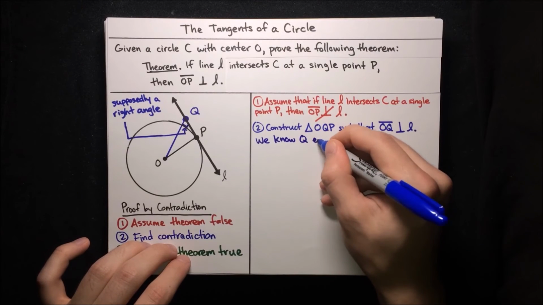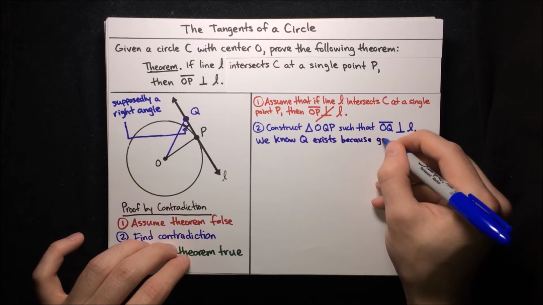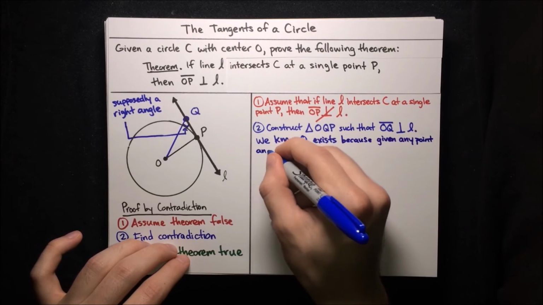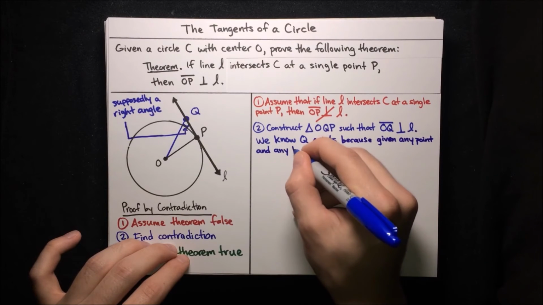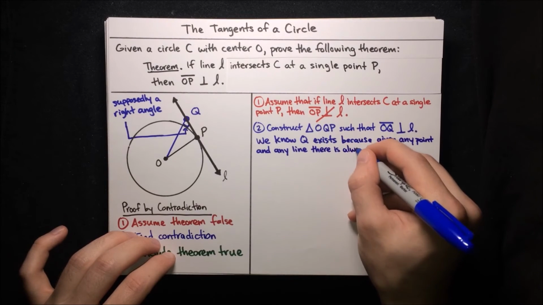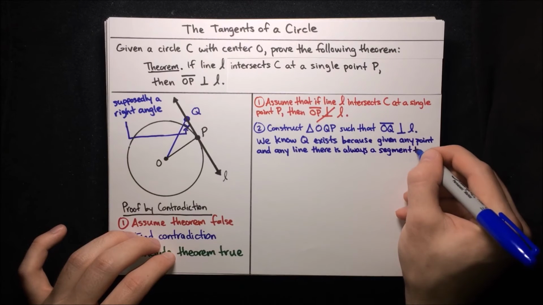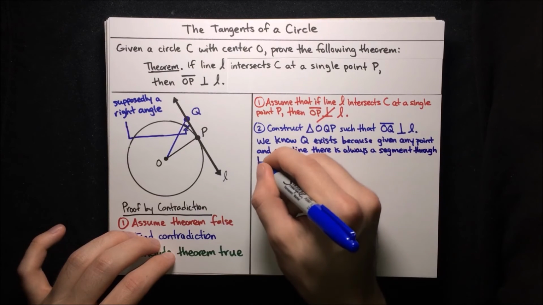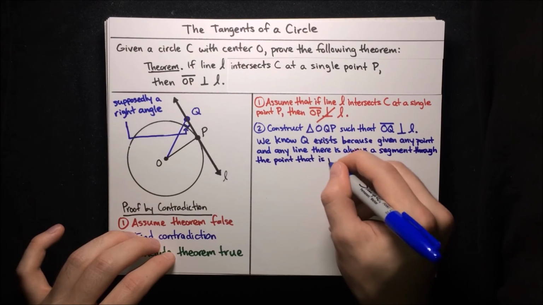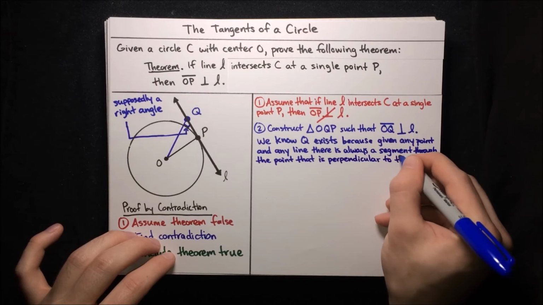We know Q exists because given any point and any line, there is always a segment through the point that is perpendicular to the line.